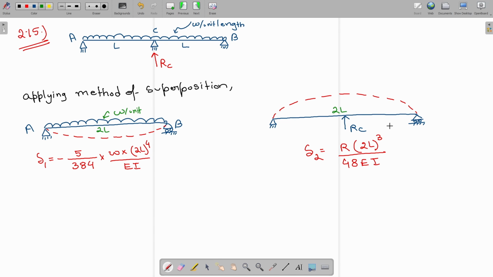Therefore, the deflection delta at C is equal to delta 1 plus delta 2, which is equal to 0. We are just adding up the deflections. This is the method of superposition theorem. The downward deflection is negative and the upward deflection is positive.